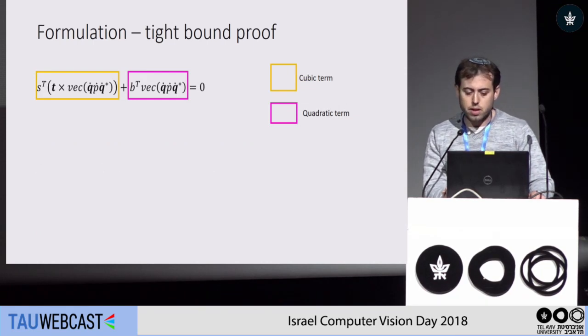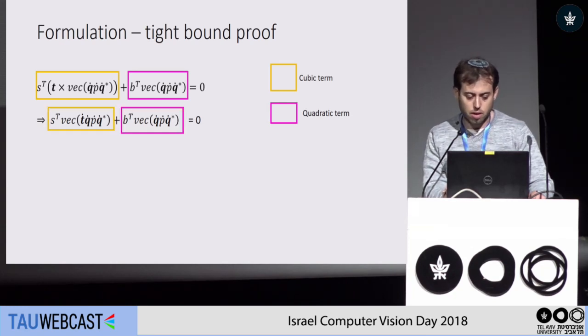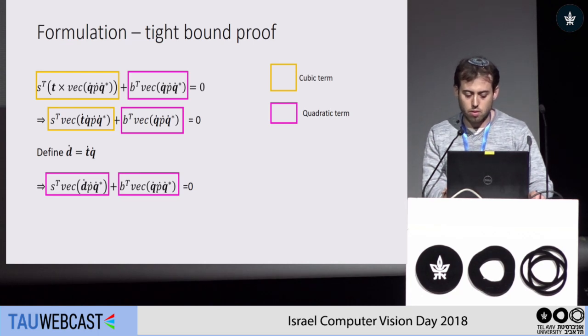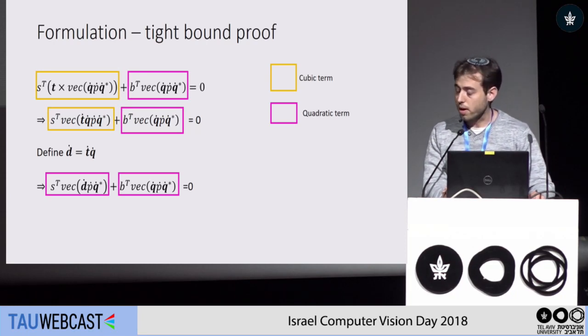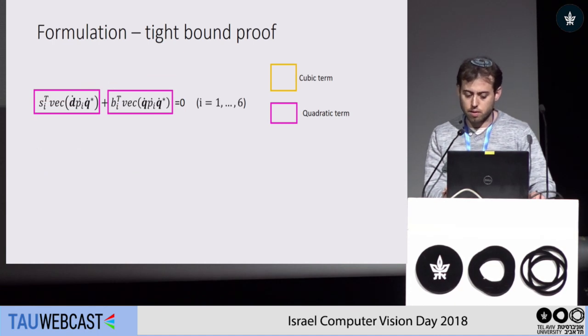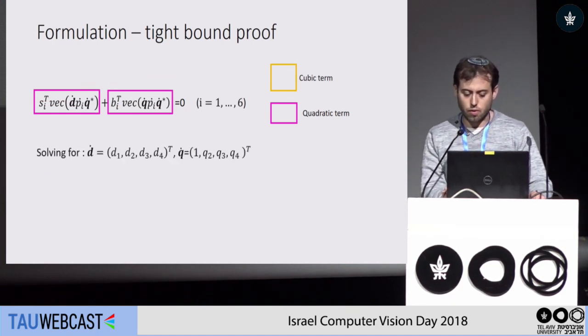First, we know that the cubic term can be represented using the quaternion Hamilton product instead of the cross product. Next, we define D to be equal to the Hamilton product of T and Q, and then we can express our equations using D and Q and get 2 quadratic terms expressed in D and Q. Now, we have 6 equations of this form, and we can solve for D and Q. Then, given D and Q, T can be extracted uniquely by the following formula.